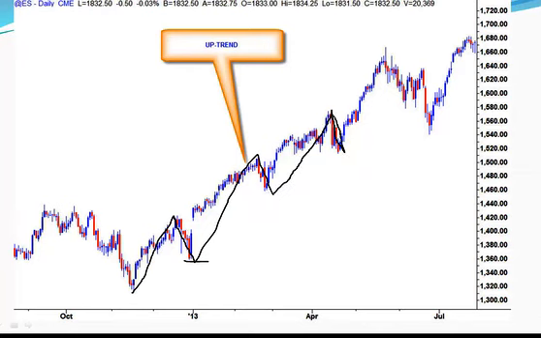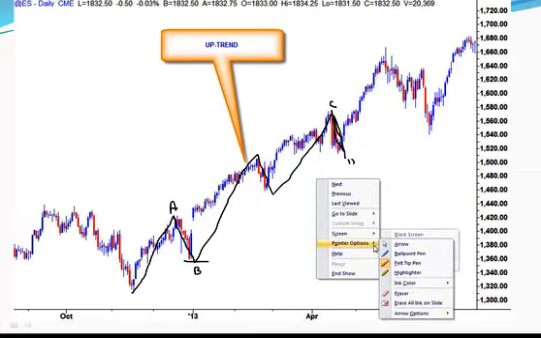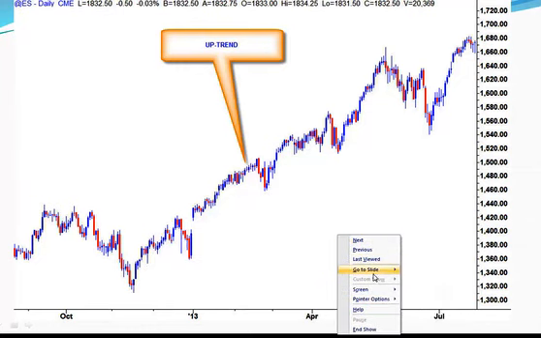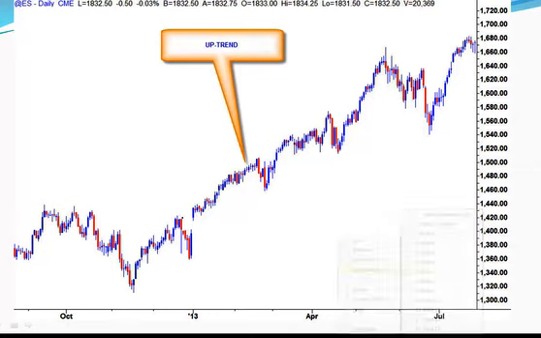And then it comes down right here, and as a trader, you look at it and say, wow, that's an A to B, C to D relationship. That would be an alt bullish A to B, C to D relationship.